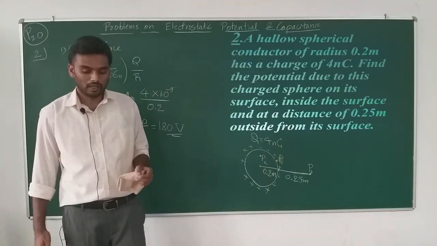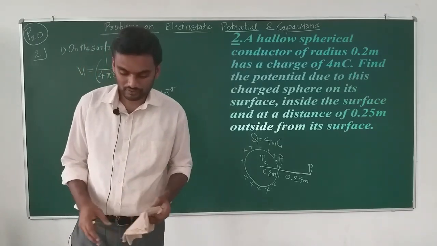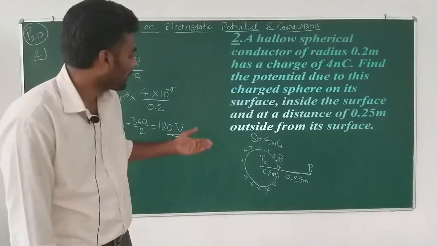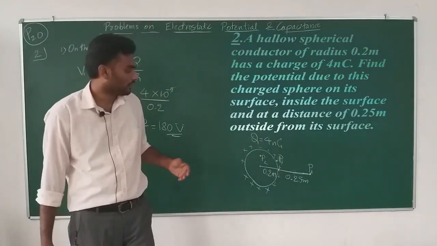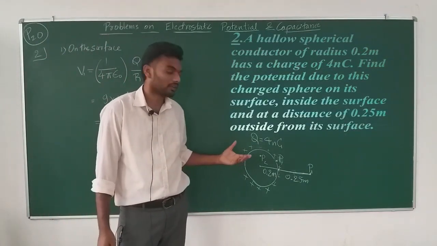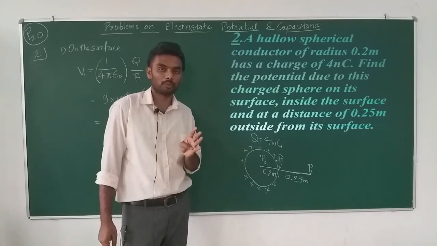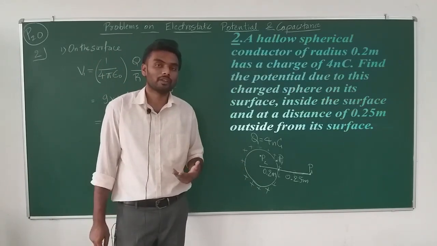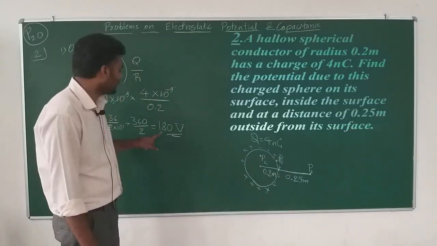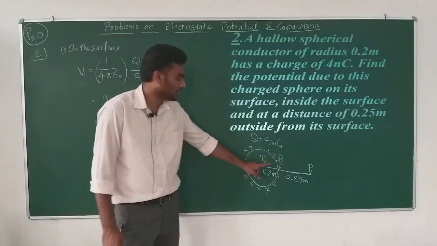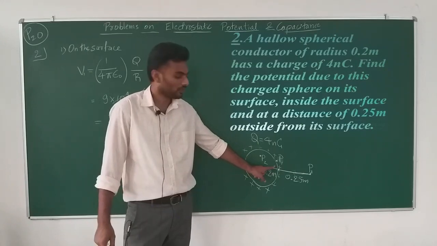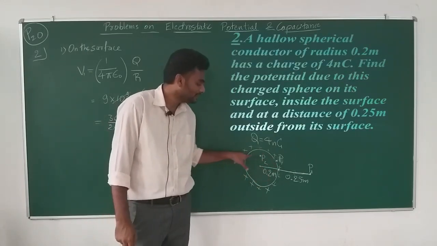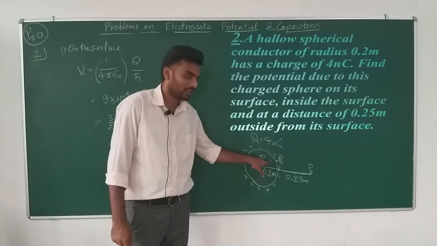Okay, and now when we were discussing the electrostatics, or potential electrostatics, of a conductor, there were 6 points that we made note of, right? You refer to them once, and you will get to know that whatever potential we get on the surface, here it is 180 volt, the same potential is maintained inside the spherical body.